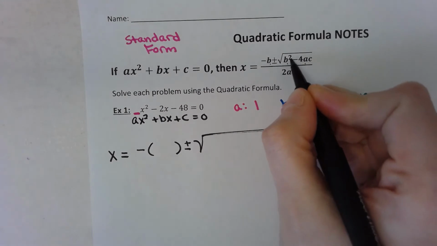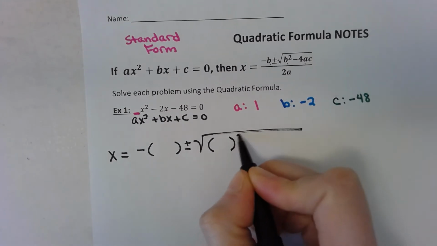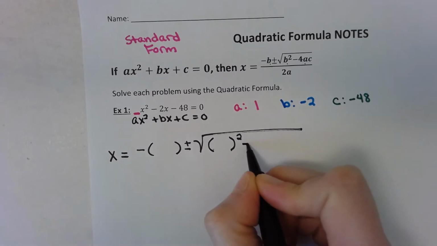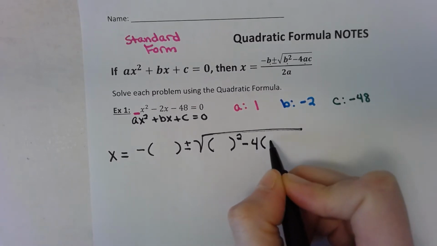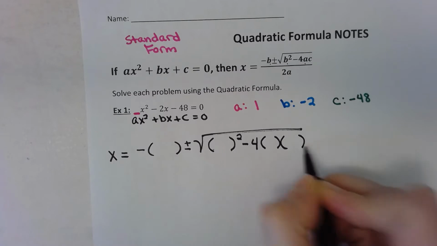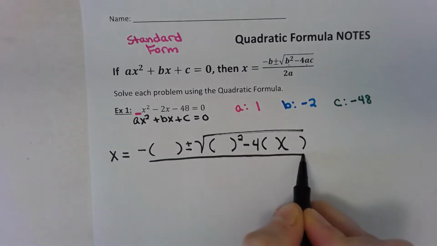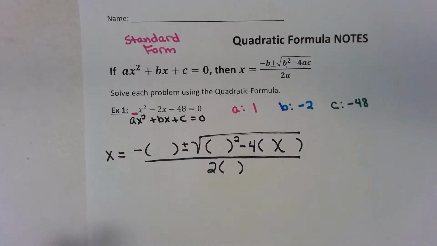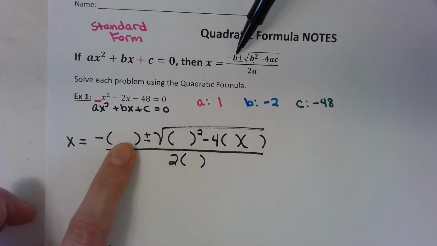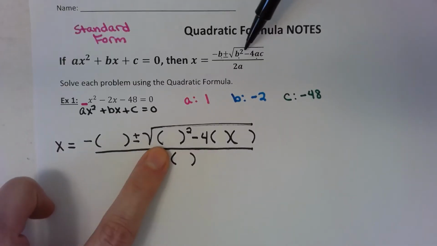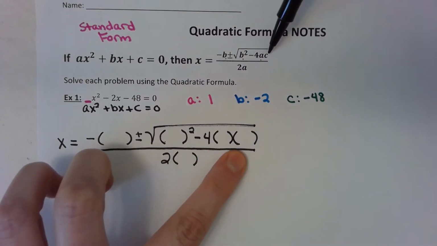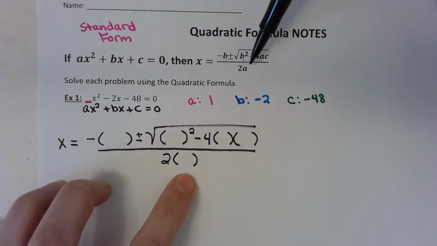Underneath it, we've got b squared, so parentheses squared, and the parentheses do matter, and the square needs to be on the outside, minus 4 times your a value and times your c value. This entire thing is divided by 2 times a. So I'm just going to point that out again. It went negative b plus or minus the square root of b squared minus 4 times a times c, this whole thing divided by 2 times a.